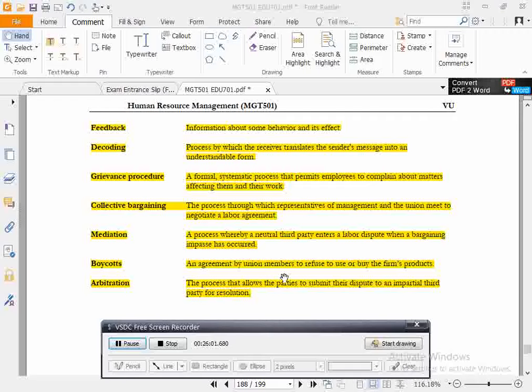Arbitration, the process that allows the parties to submit their dispute to an impartial third party for resolution.